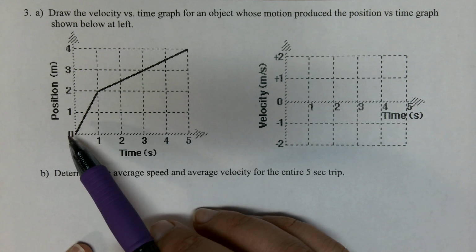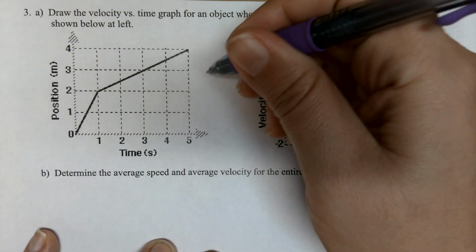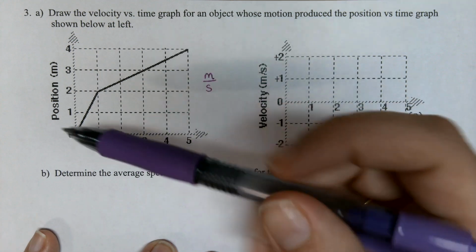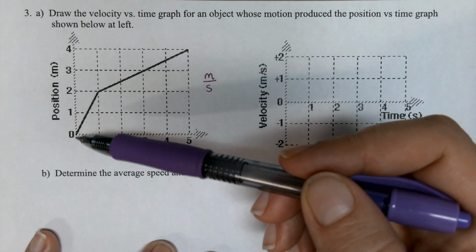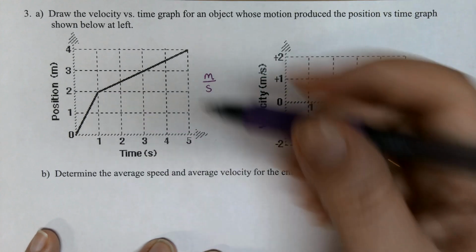So, what is the velocity from 0 to 1 second? Well, velocity is going to be meters per second. And when we find meters per second, we're actually finding the slope. Because slope is rise over run, slope is y over x.